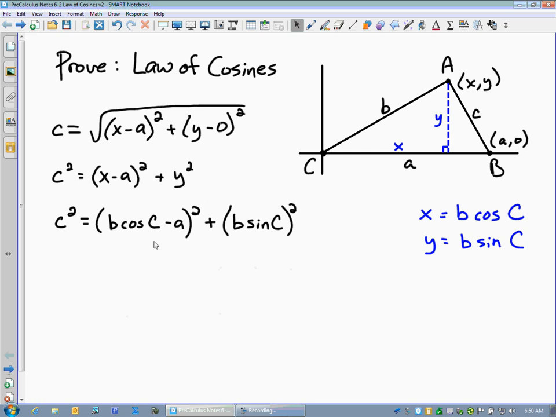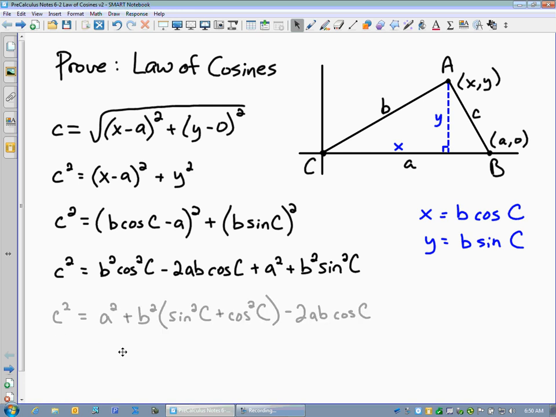And now I'm going to expand the binomial. So we're going to have c squared equals b squared cosine squared C minus 2ab cosine C plus a squared. That is the binomial here expanded. And then the second term, when I square that, I get b squared sine squared C. Now, cleaning this up a little bit, I'm going to bring the a squared out to the front.